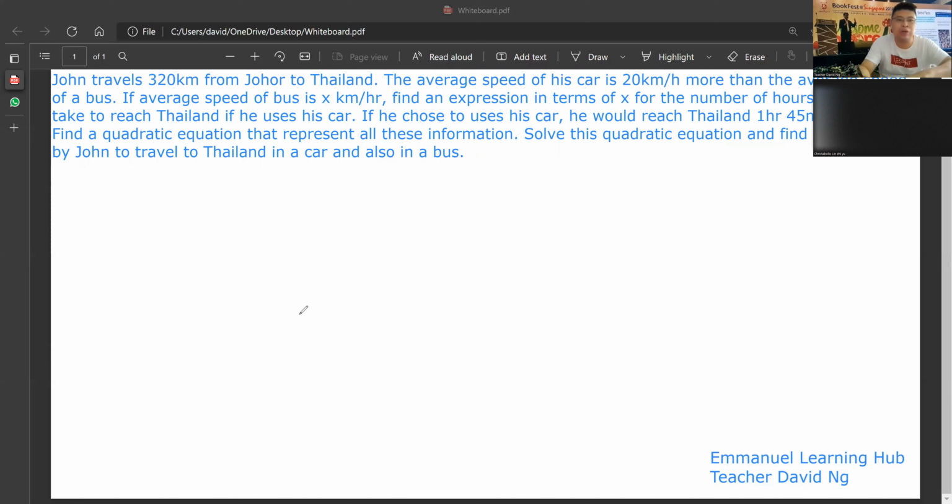Okay, John traveled 320 km from Johor to Thailand. Average speed of his car is 20 km more than average speed of a bus. So average speed of bus is x.